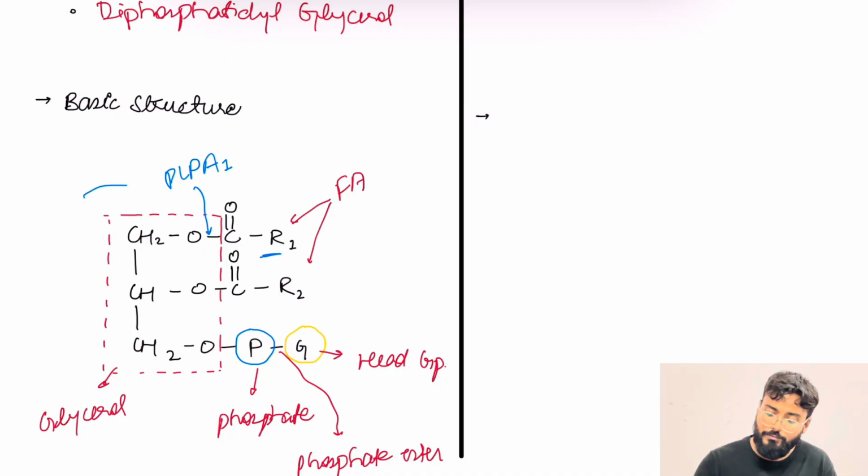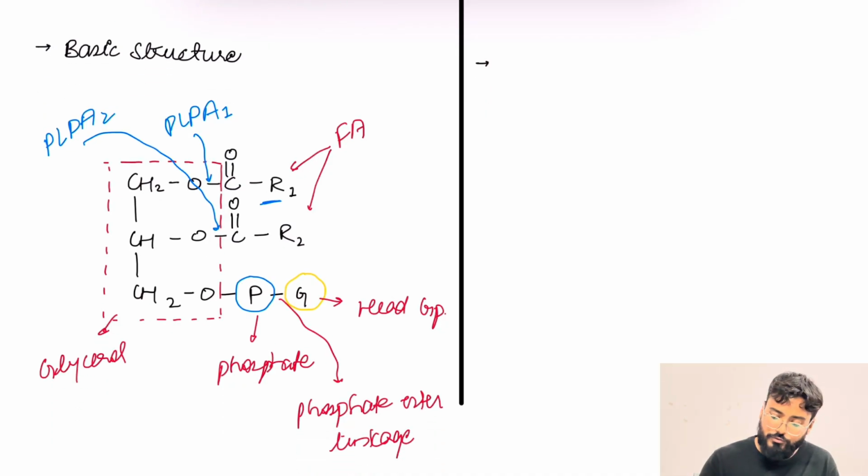And phospholipase A2 breaks the other fatty acid attached to the glycerol backbone, at the beta carbon. So phospholipase A1 removes the first fatty acid, and phospholipase A2 removes the second fatty acid.